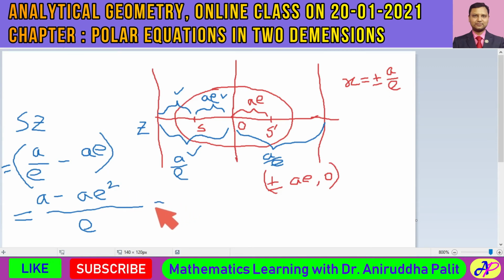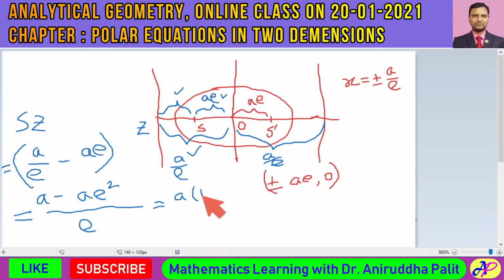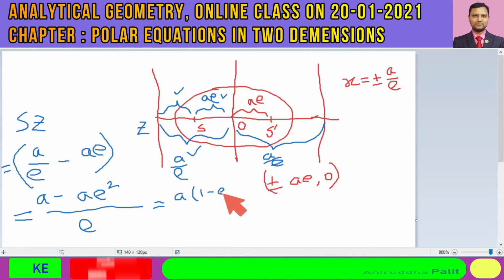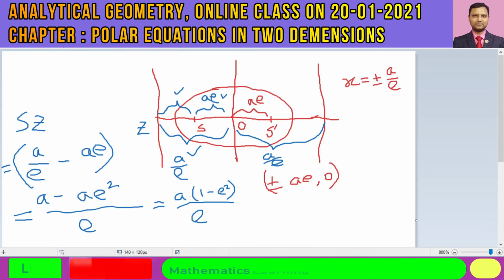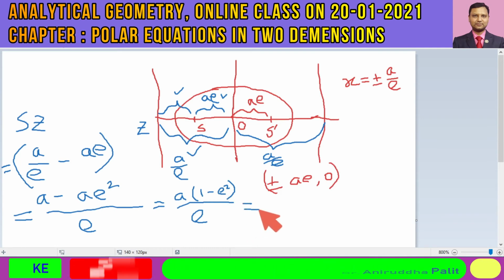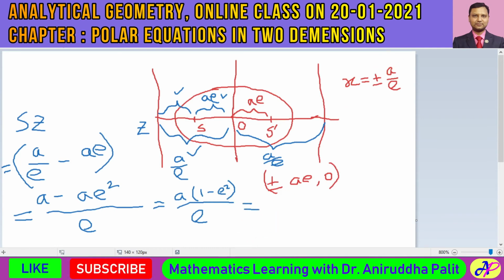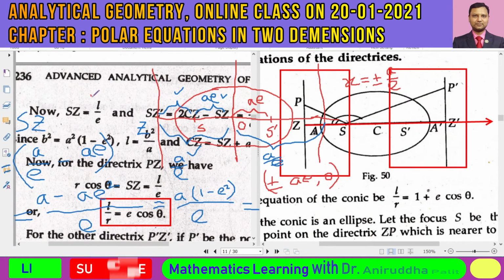And A minus AE square, if you take this A common, then we will have 1 minus E square divided by E. That would be the expression of SZ. And if you further compute this result, ultimately you will get the result that has been written in your book. This SZ would be equal to L by E.